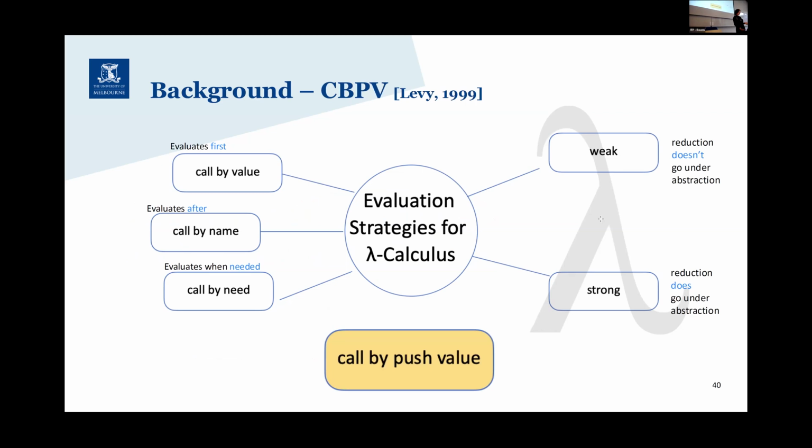Call by push value is a variant of lambda calculus, and it has a special pair called the thunk and force pair, which allows the programmer to freely decide when they wish to evaluate, in the sense that the evaluation order is actually defined within the program rather than on the meta level within the language.